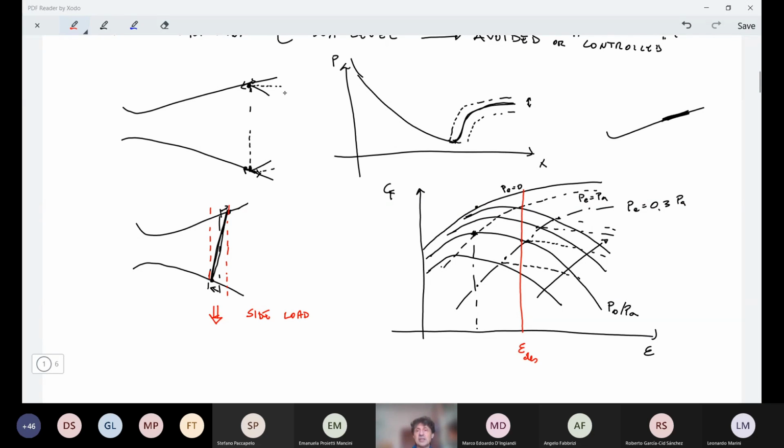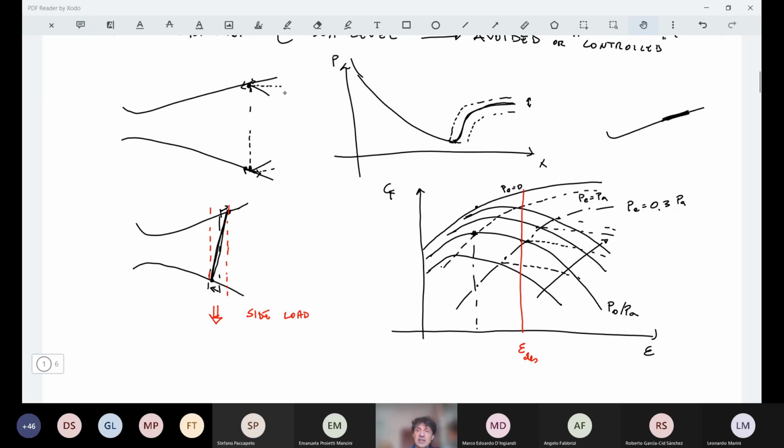And what happens here? If you have a given value of P0, and of course you are considering that the trajectory will begin at sea level.